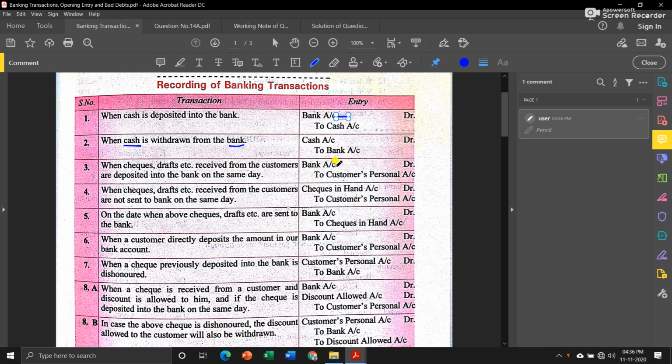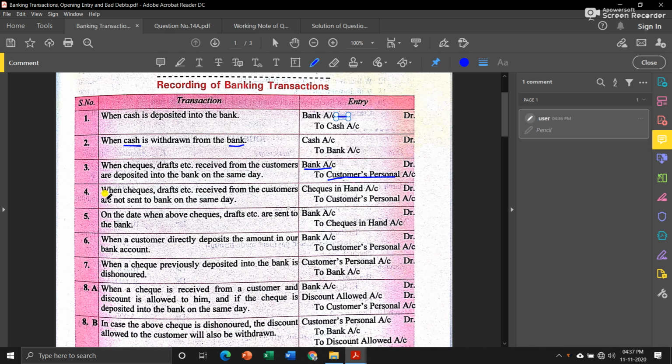So in that case we will debit bank account because bank is receiving the money, and according to personal accounts rule, debit the receiver. And we will credit customer's personal account, like if it is Mr. X who gave us the check, then we will credit X account, so we will write to X.